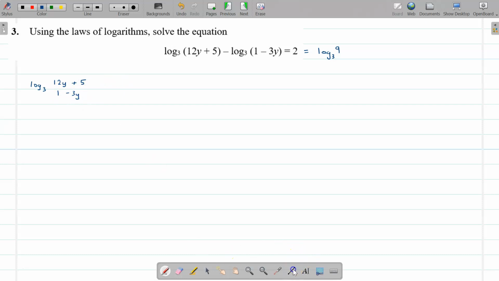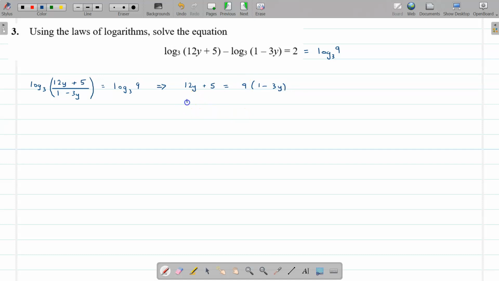Okay, that's a fraction, and the log of that to base 3 is going to equal log to base 3 of 9. And I can take the logs away now and multiply by 1 minus 3y at the same time. So I could say that 12y plus 5 is equal to 9 times 1 minus 3y.